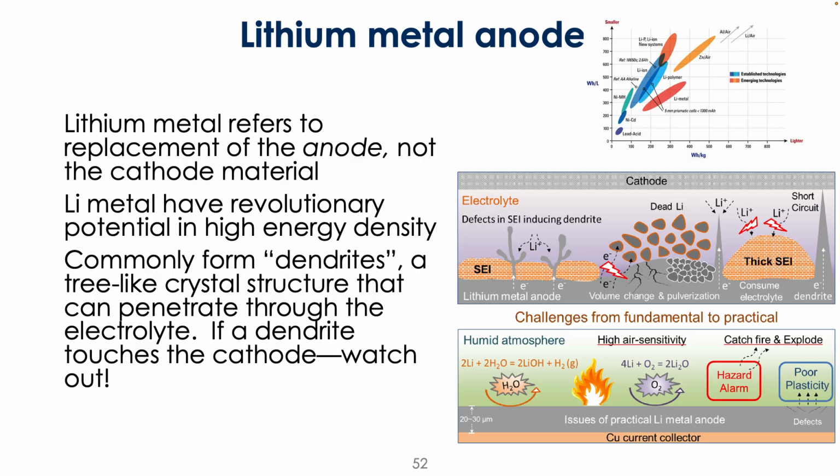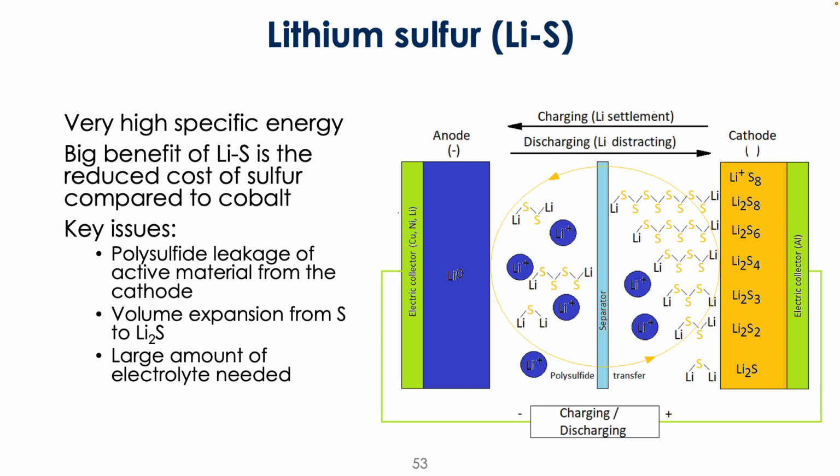But they end up forming these dendrites, these crystal structures that can penetrate through the electrolyte. And if that penetrates the electrolyte and makes contact with the cathode, you get, boom, explosions, right, and fires. So not good.